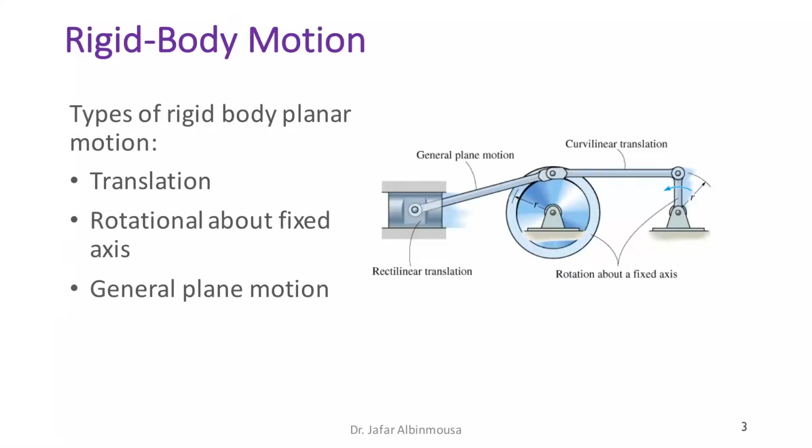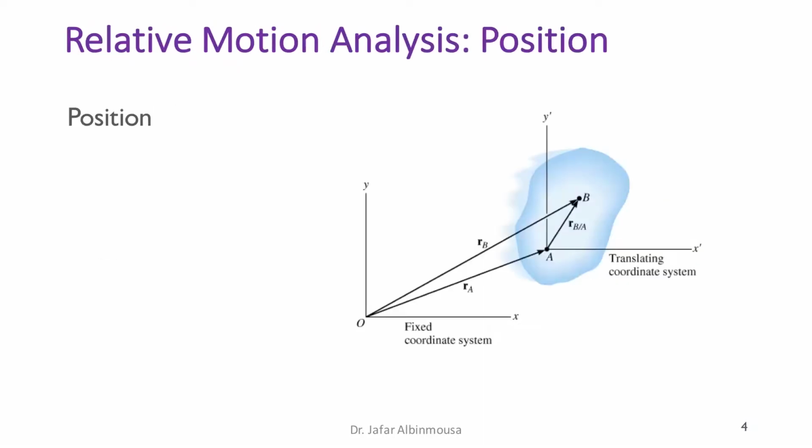As we discussed previously, there are three types of rigid body motion: translation, rotation about fixed axis, and general plane motion. What we are doing here is trying to analyze the general plane motion using the relative analysis. Starting with the position, we have a fixed coordinate system and a translating coordinate system. The translating coordinate system is attached to one point, point A on the rigid body.